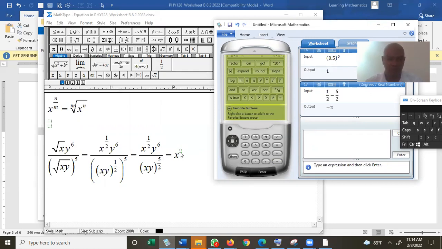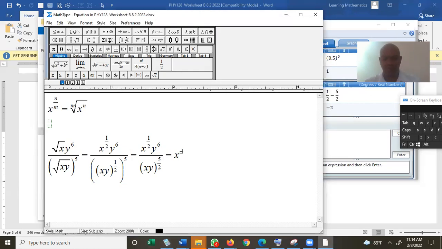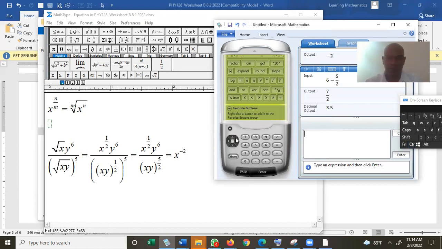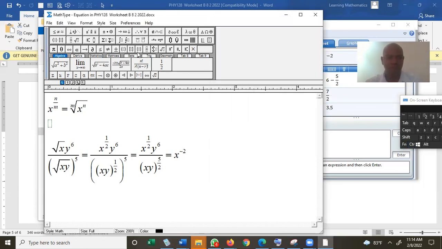Negative 2. Okay. And we're going to have 6 subtract 5 over 2. You have 3.5, or you have 7 over 2. Y raised to the 7 over 2.